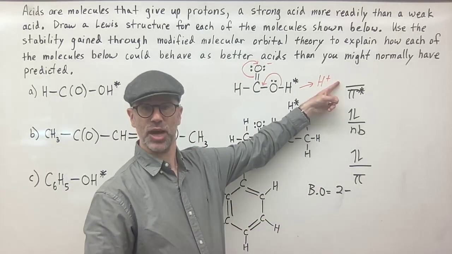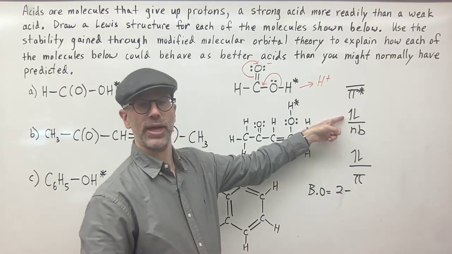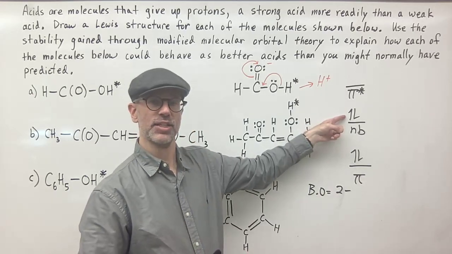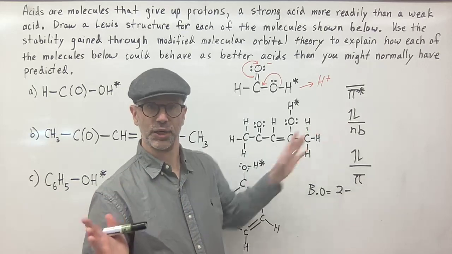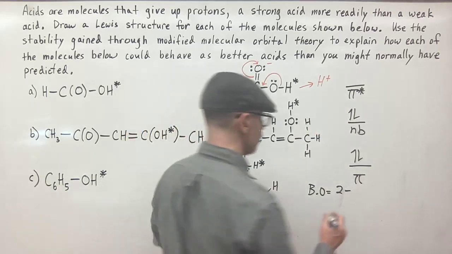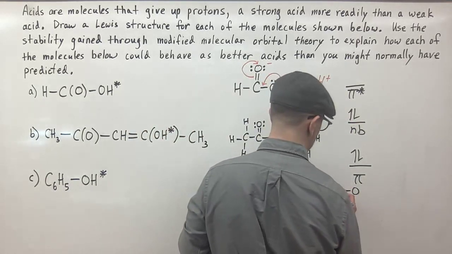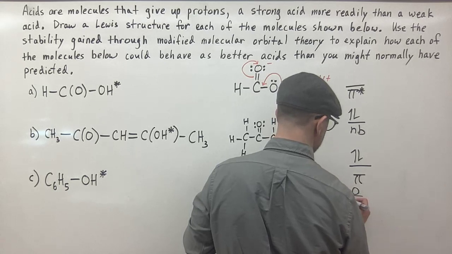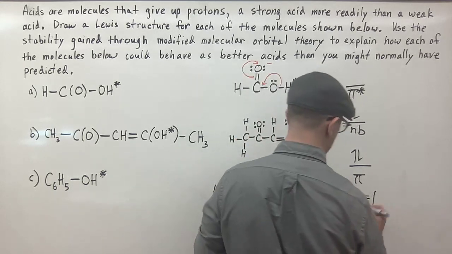We don't have electrons in the antibonding orbital. And although we have electrons in the non-bonding orbital, those don't matter. They're not going to influence the bond order. So we would subtract out the antibonding electrons and then divide that by 2. So that would give us a bond order of 1.